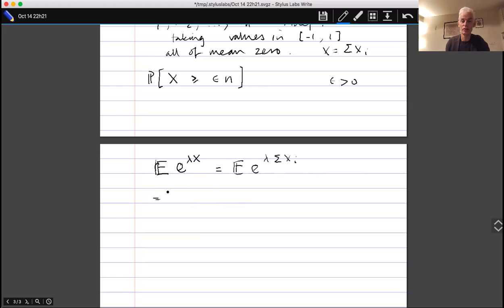And by properties of our friend, the exponential function, that is the expectation of the product over i of e to the lambda xi. And now we're going to use independence. Because these random variables are independent, the expectation of their product is the product of their expectations.